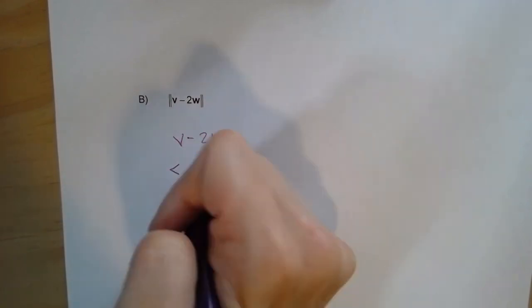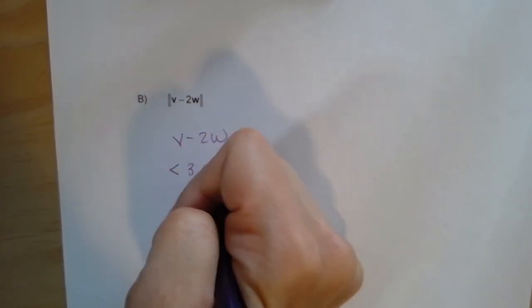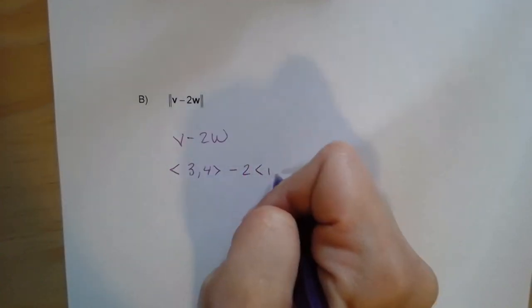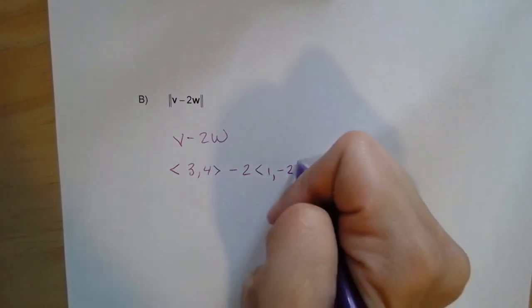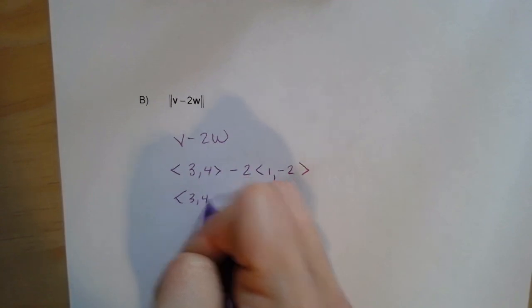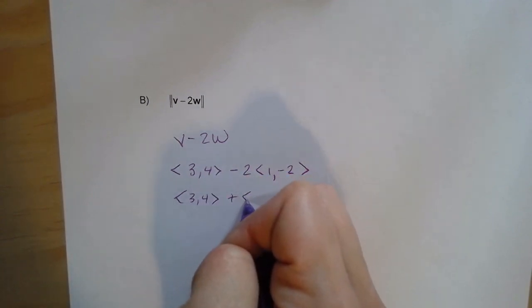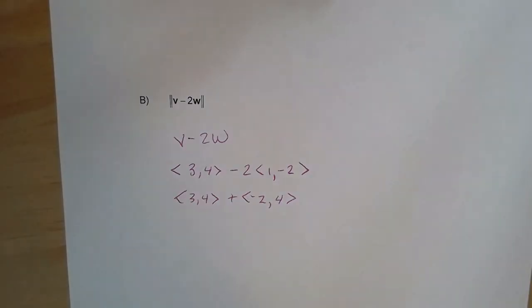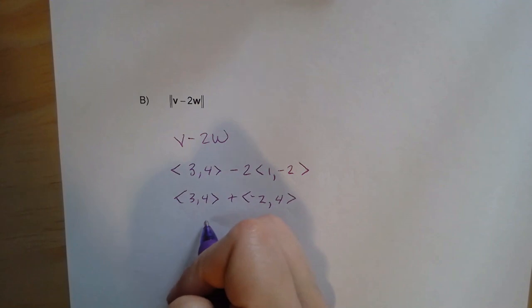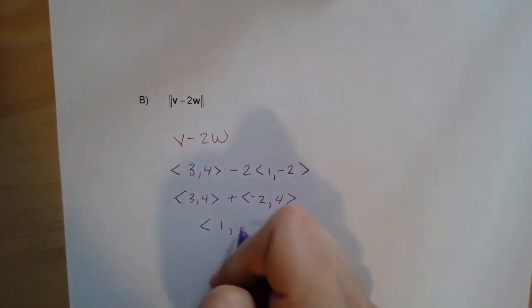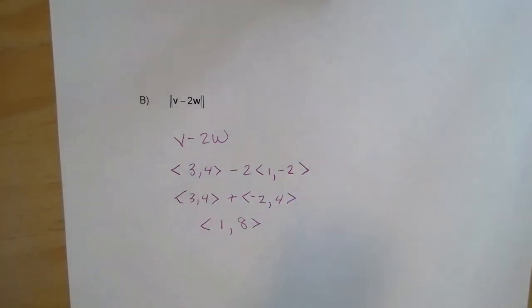So we have our vector 3, 4 minus 2 times 1, negative 2. All right, let's do that out. So we get 3, 4 plus negative 2, 4. Remember, when we add vectors here, we add the same component. So we're going to get 3 plus negative 2 is 1, and 4 plus 4 is 8. All right, this is the v minus 2w.